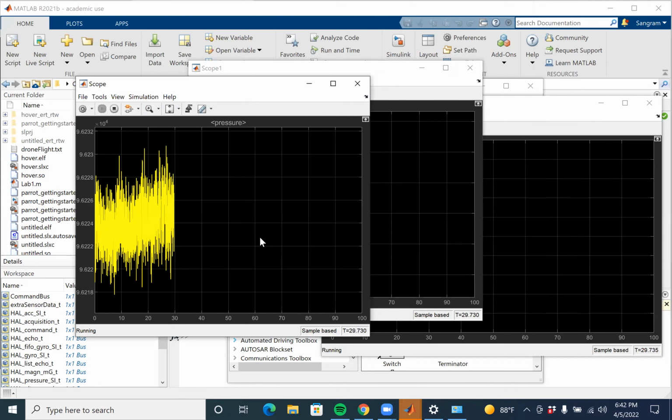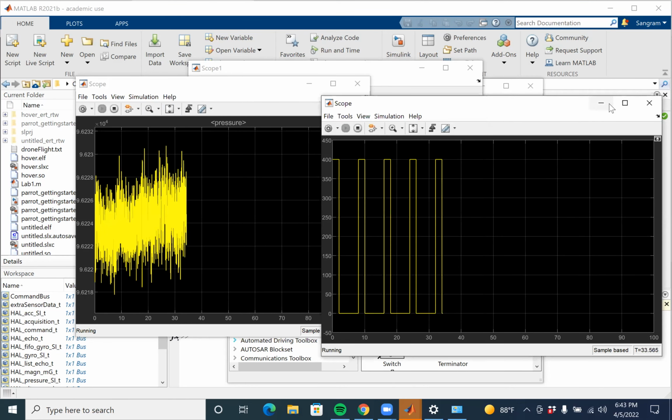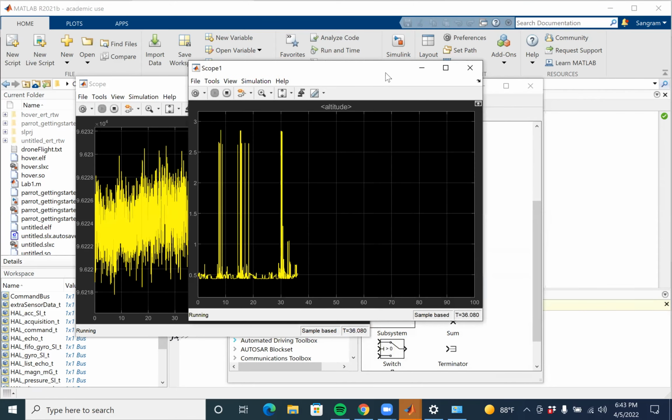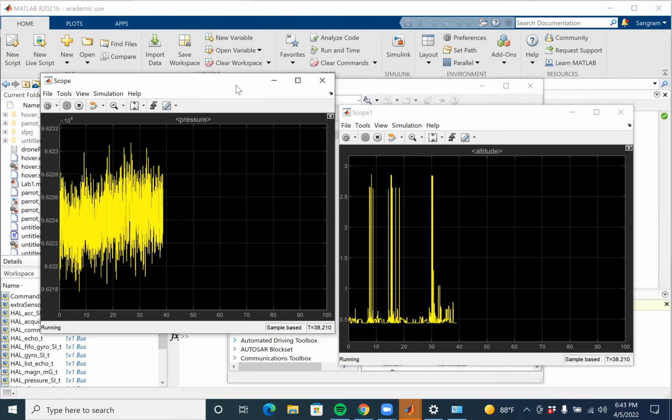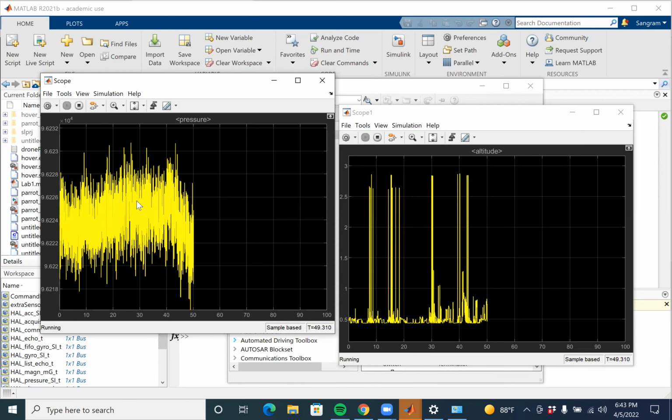Yeah, pressure. Now please note, this is the motor control. So you have the data from the altitude and you have the data from the pressure. Now I'm going to put it over here. Can you see the pressure value kind of change? And now I'm going to move it over here.